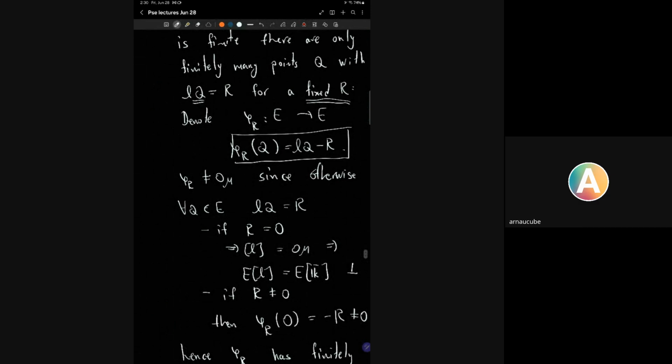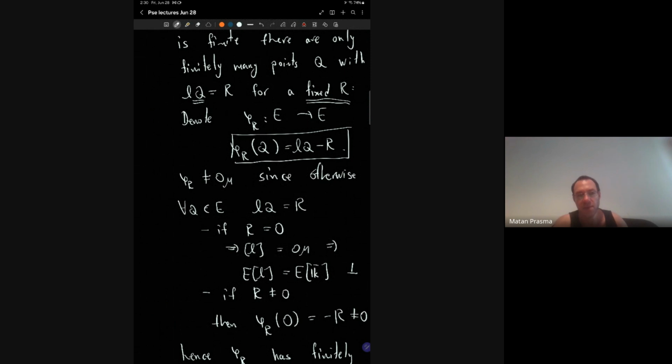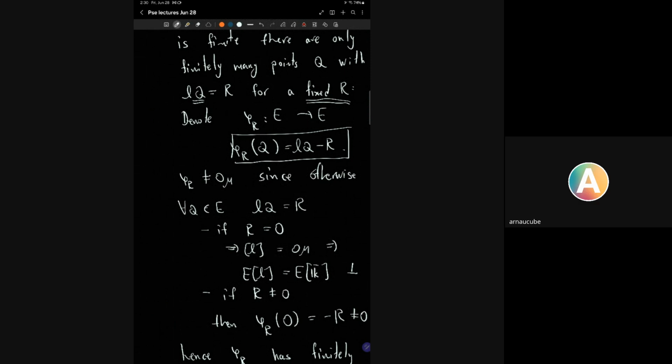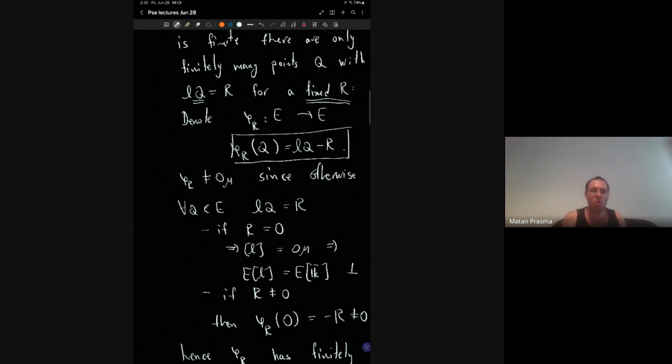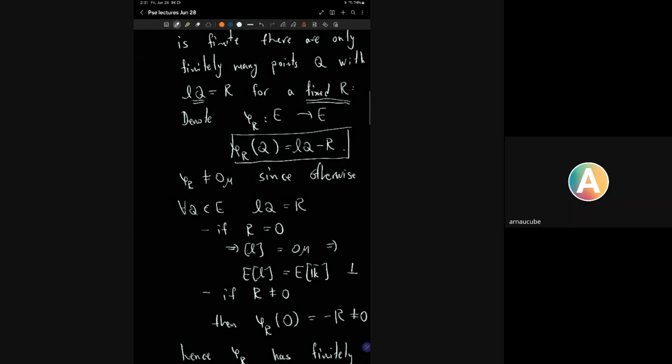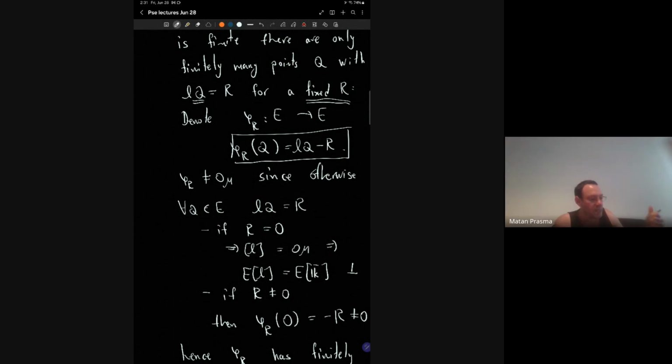One short question. You said that the number of poles of phi R is finite because it's a rational function, right? Yeah, it's a rational map, yes. Okay, so we didn't exactly prove it. We proved that the number of poles of a rational function is finite. But what is a rational map?